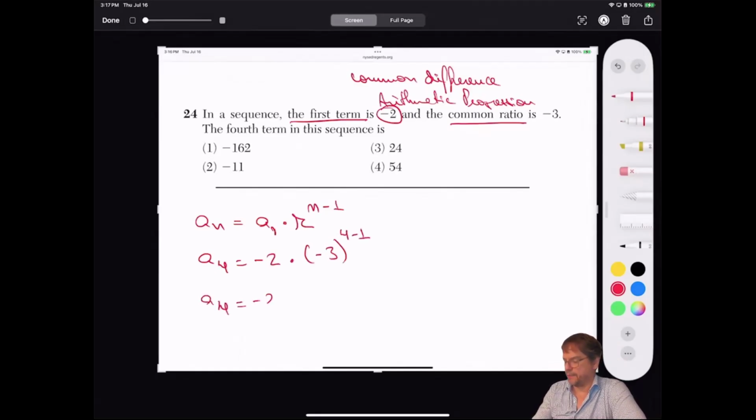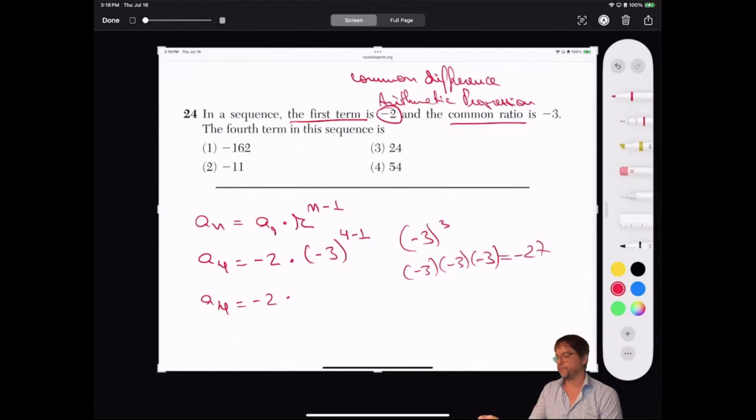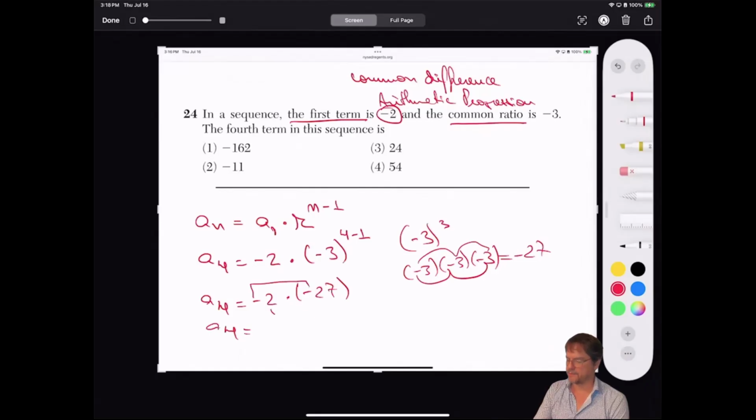A4 is equal to minus 2 times minus 3 to the power 3. That is minus 3 times minus 3 times minus 3, which equals minus 27. Minus times minus is plus, 3 nines are 27. So A4 is minus 2 times minus 27, which is 54.